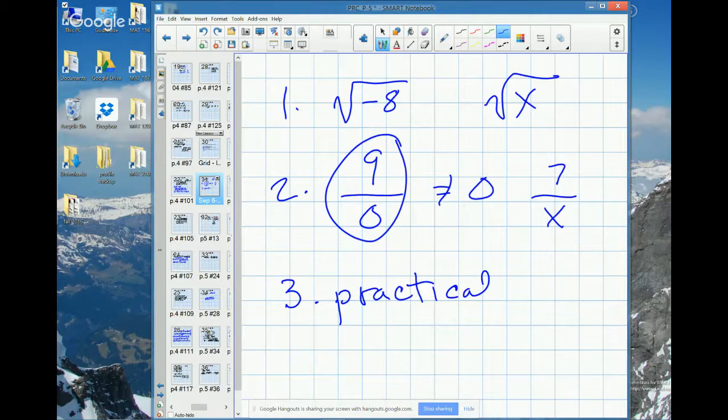It only happens in word problems. Let's say you're doing a word problem, and the question asks how many votes did candidate A have? And what if you came up with, let's say, 3 point something? Does that make any sense? Can you have 0.2 of a vote? No, not anymore in America.